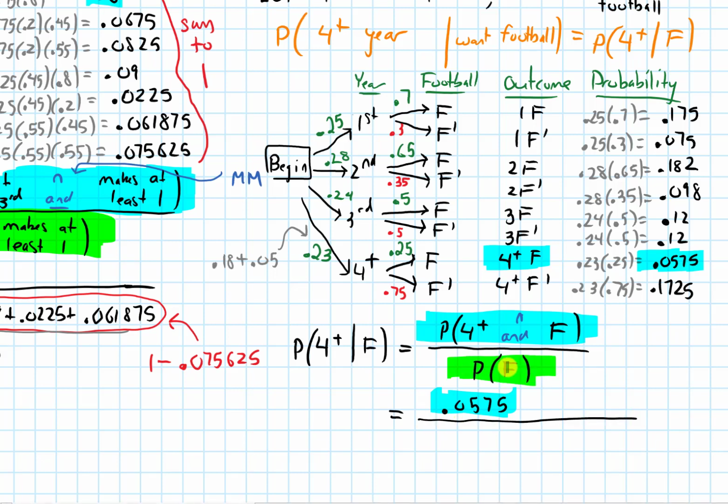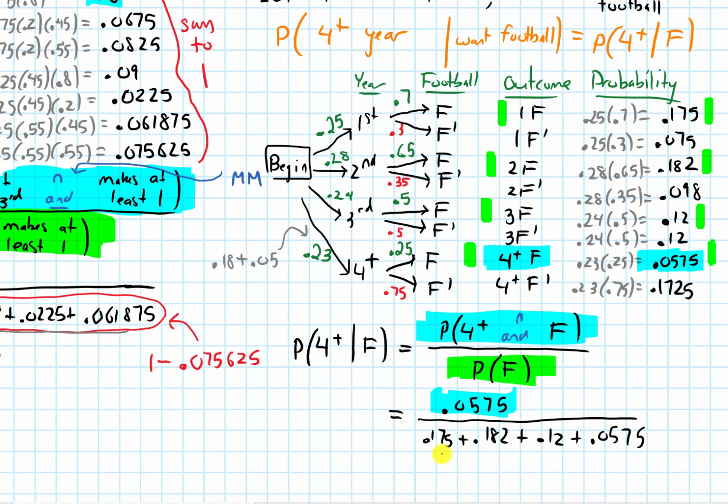And then all over the denominator, the probability that they support a football team, that's going to be several outcomes. Here's one, here's a second one, here's a third one, here's a fourth one. So I'm going to highlight all these numbers as well. So adding those up, we get 0.175 plus 0.182 plus 0.12 plus 0.0575.